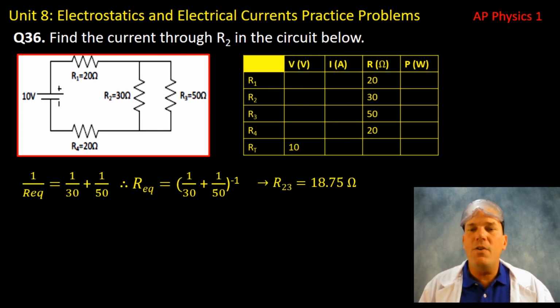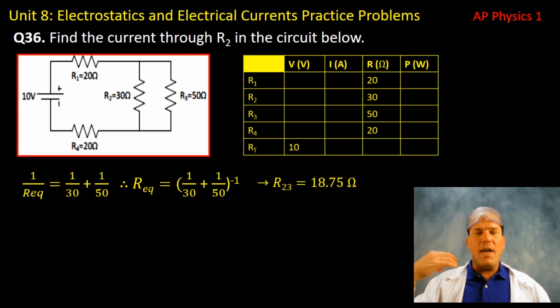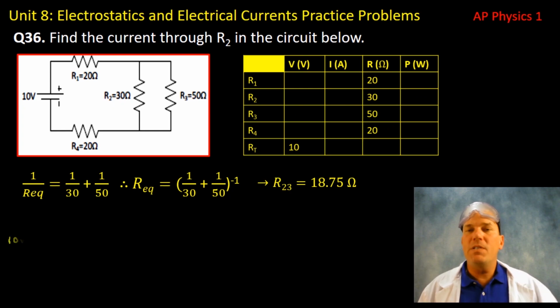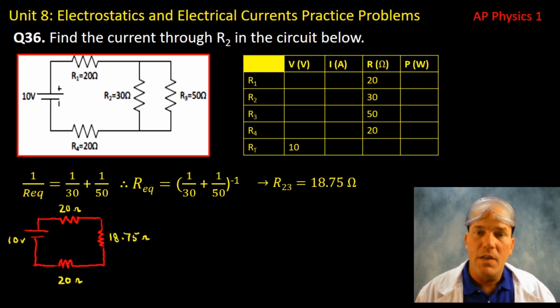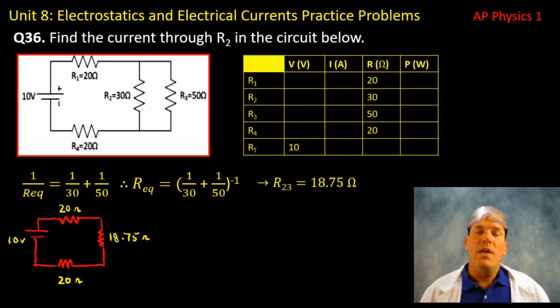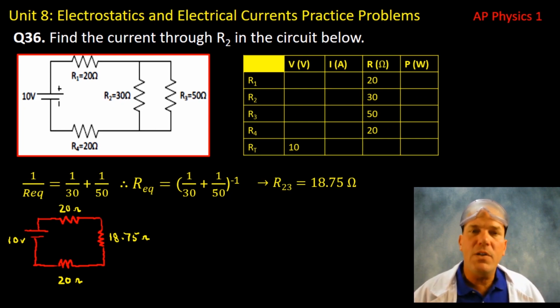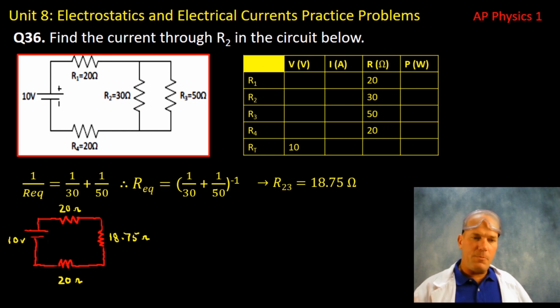So now that I know the equivalent resistance for 2, 3, I can simply add up the individual resistances for 1 and 4 because they're in series. Remember, we can add those. We can redraw the circuit to help conceptualize the problem and say, wait a minute, okay, now that we have the equivalent resistance 2, 3, I can redraw it, and now it becomes very simple to see.